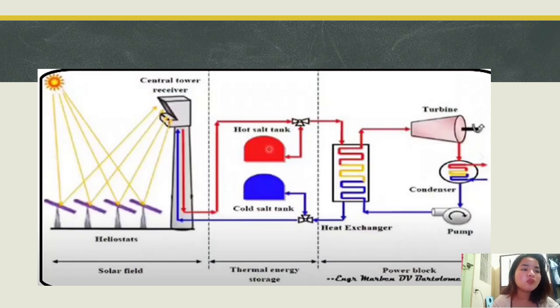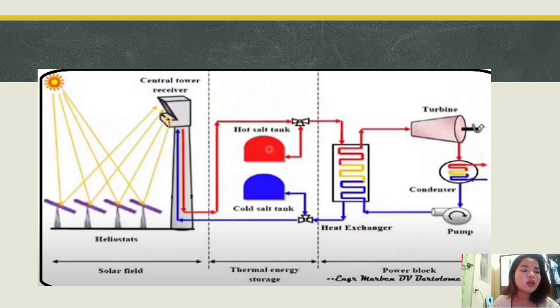Then, heat transfer fluid mapupunta sa heat exchanger. Pero may mapupunta din sa hot salt tank to preserve the heat, the hot water, to steam turbine to produce electricity, to function the generator.